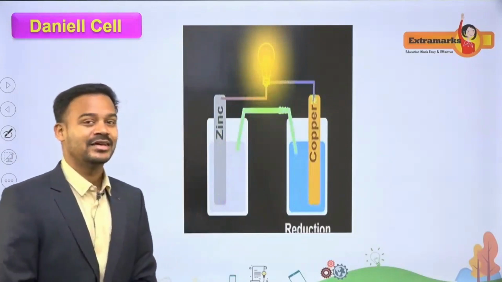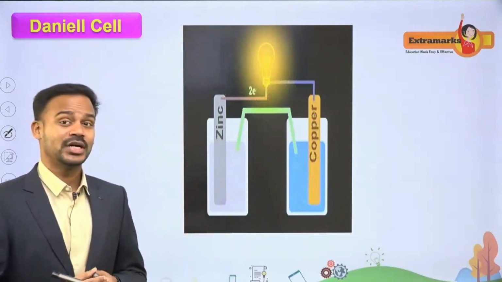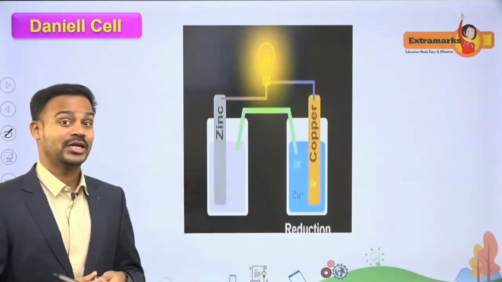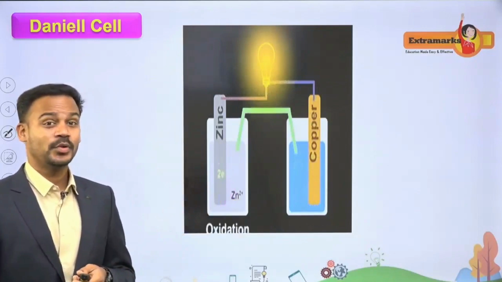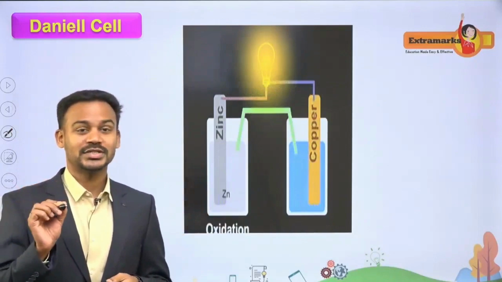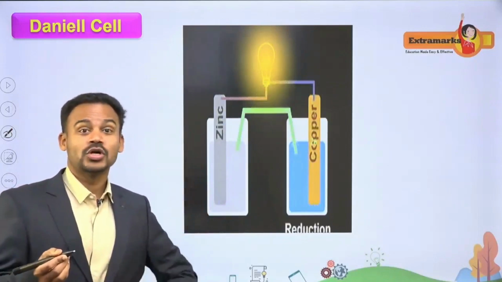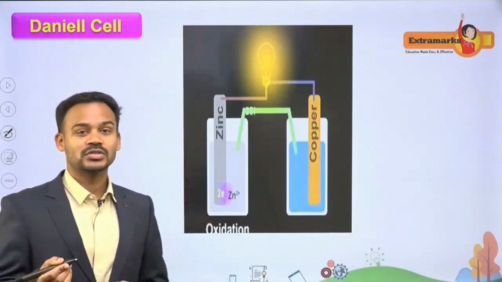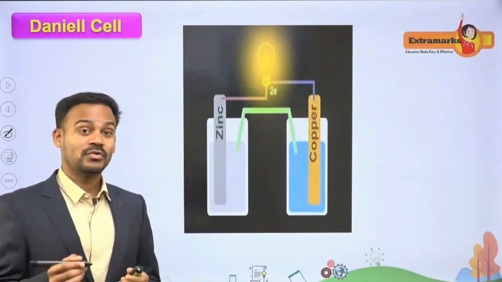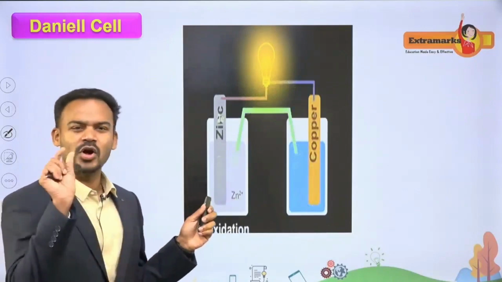You have already seen a glimpse of oxidation and reduction when we were learning about the electrolytic cell. I hope you have practiced and learned the basics clearly. What is oxidation? What is reduction? Is it loss or gain of electrons, and where are the electrons flowing from and to? These things we are going to see again, but there is a small difference here.